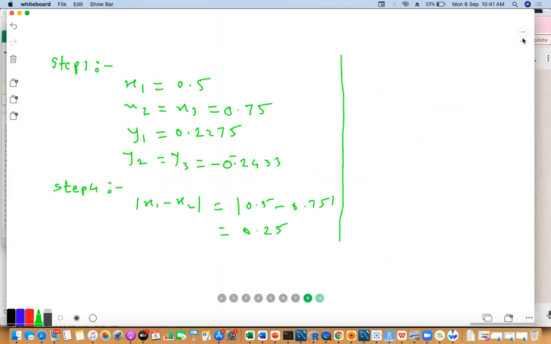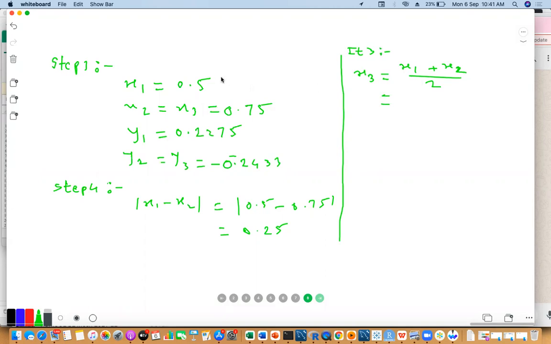So in the next iteration, iteration 3, we will be calculating the new x3 value. Okay, x3 is equal to x1 plus x2 divided by 2.